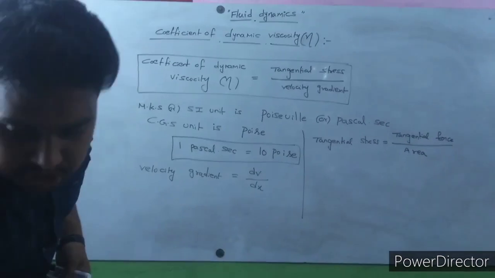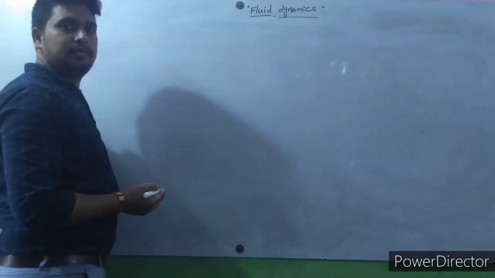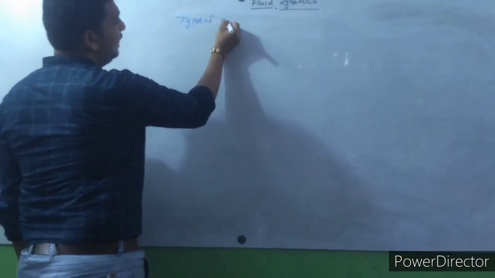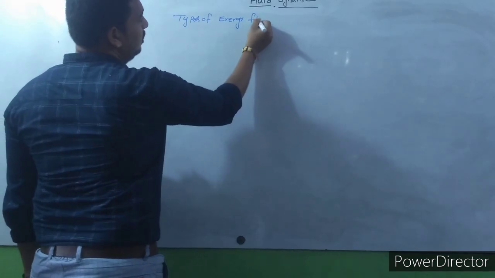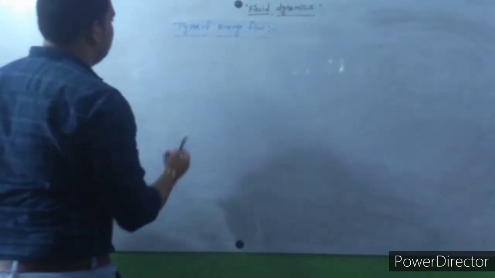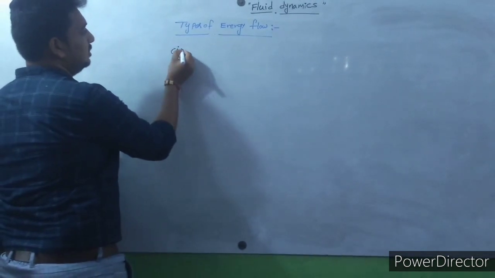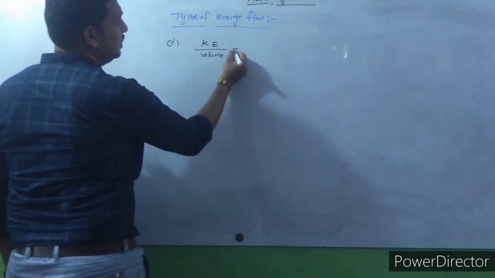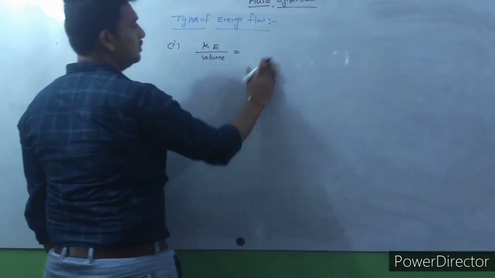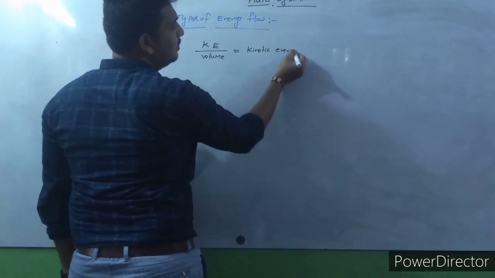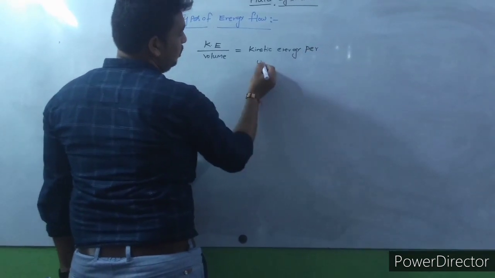Next concept is types of energy flow. First one, kinetic energy per unit volume.